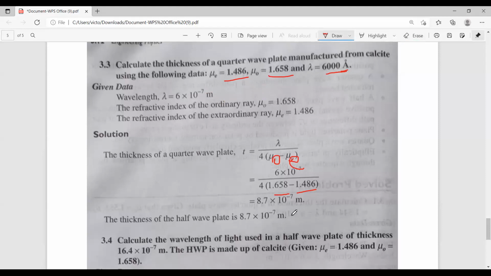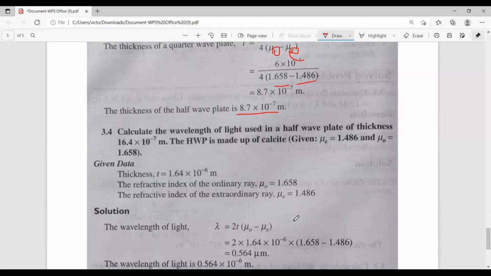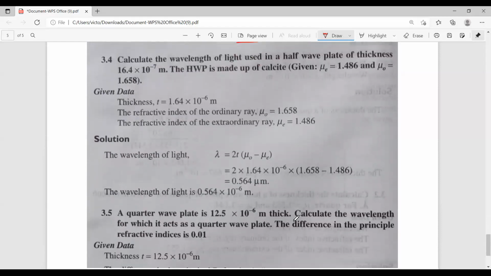By substituting all these values, finally we get the thickness of the quarter wave plate is 8.7 into 10 power minus 7 meters.